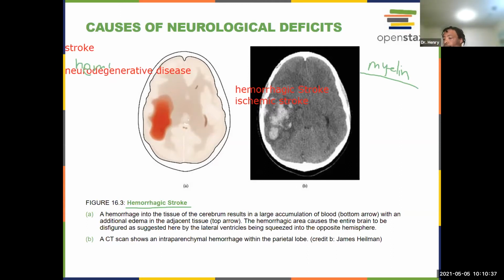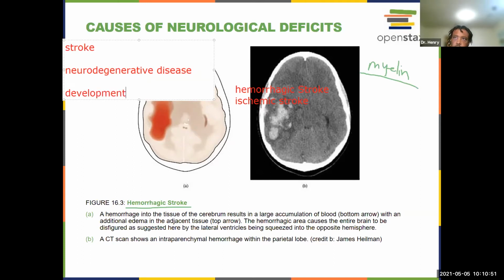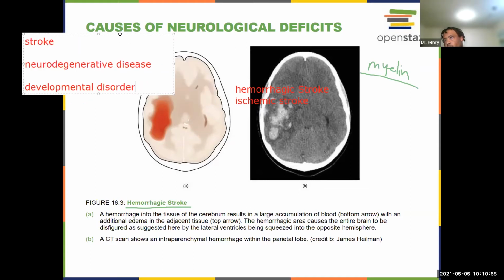The other thing it could be is you could have developmental disorders. In the case of developmental disorders, I'll give you an example of autism.